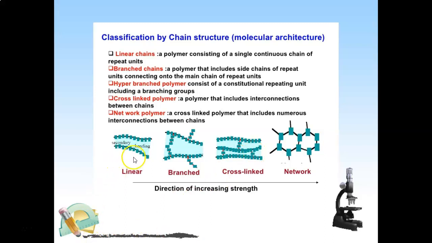Okay, a crosslink polymer is a polymer that includes interconnections between the chains. As we can see in the illustration, it is like a ladder, so the chains link from one backbone to another. Unlike linear polymers, which are held together by the weak van der Waals forces, crosslink polymers are tied together by both weak van der Waals forces and covalent bonding.